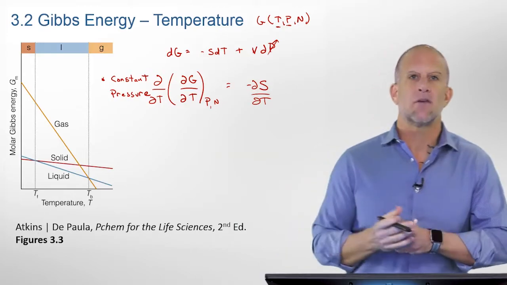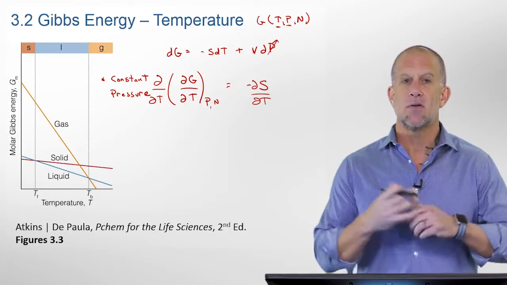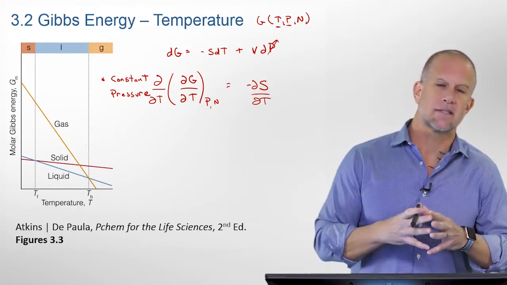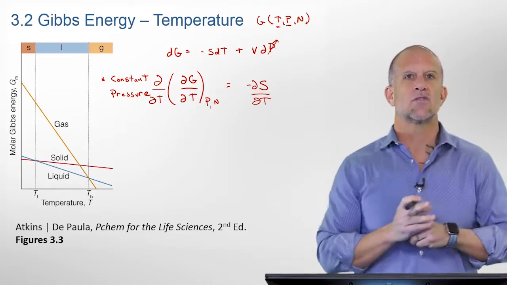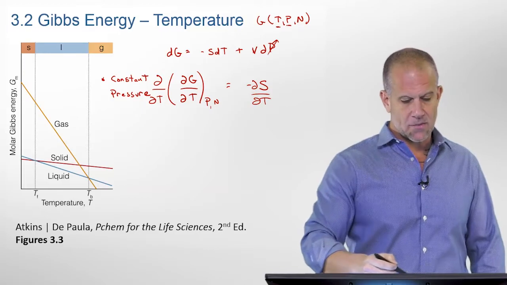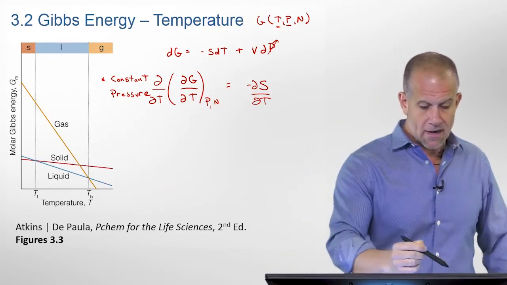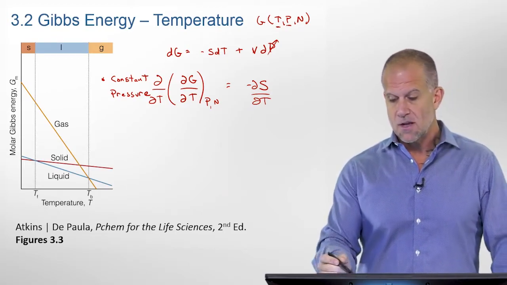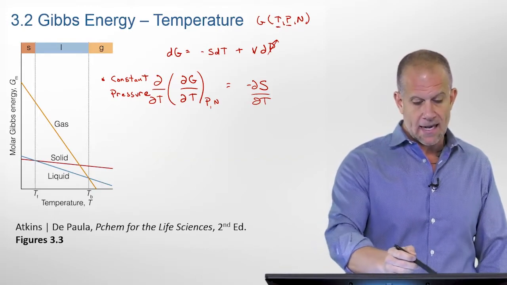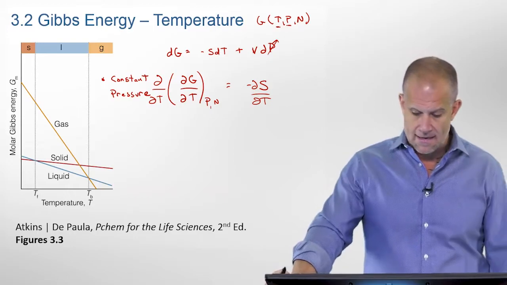And in general, over fairly limited temperature ranges, the heat capacity of most things, both solid, liquid, and gases, are typically fairly fixed unless you get to really extreme low temperatures. So the first approximation, that's why these are drawn as straight lines. You can be more precise with these graphs and give them the correct curvatures by looking at these heat capacities specifically and looking at how this slope changes or how there is curvature in this.